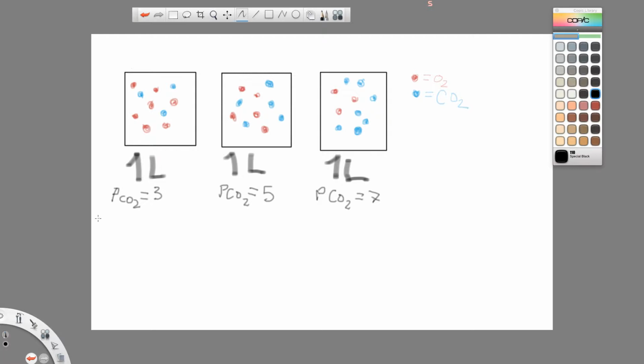So same thing for oxygen. PO2 equals 7. PO2 equals 5. And PO2 equals 3. So if I put down here P sub tot, which is my total pressure, you'll find that in all cases it adds up to 10.